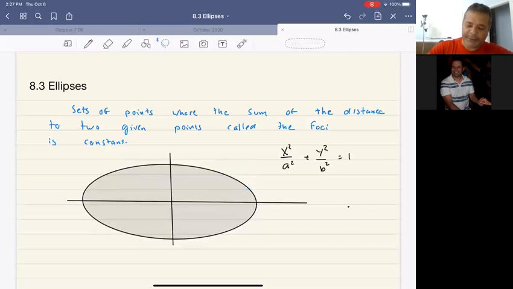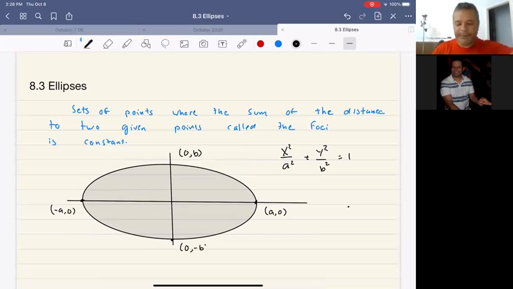There we go. That's a lot better. This point here is the point a comma 0. This point here is negative a comma 0. This point up here is 0 comma b. And this point here is 0 comma negative b.